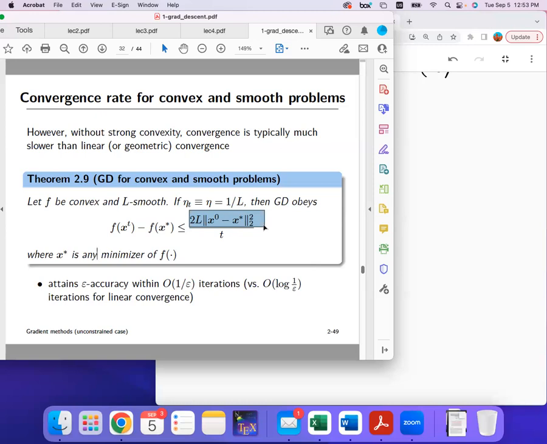In some cases, we use big O notation to simplify the result so we can focus on the critical terms, because here we only focus on how many iterations we run, or how much accuracy we want to achieve. The other constant terms do not affect too much.